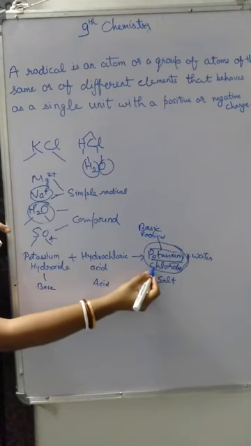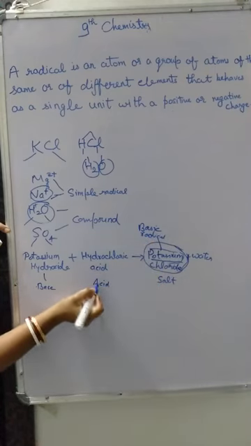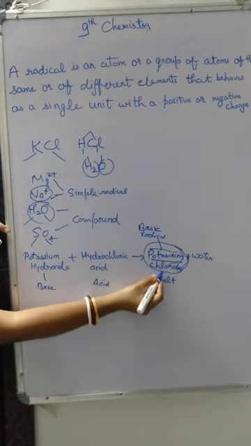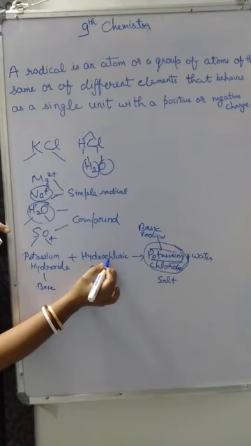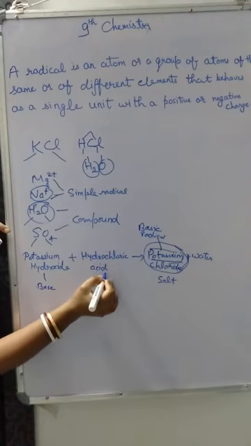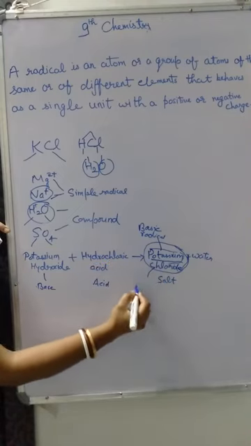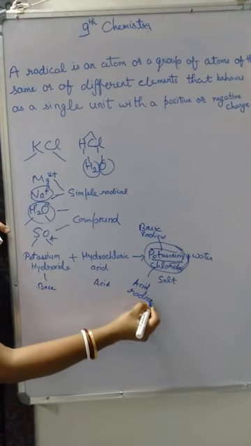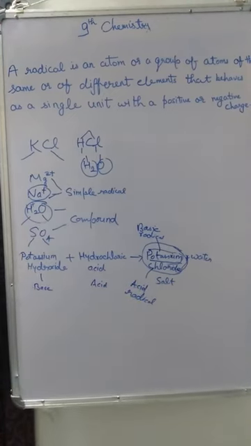And this chloride is taken from where? From this acid, hydrochloric acid. This chloride is taken from this hydrochloric acid. It means it is taken from this acid, so that is why it is called acid radical. Understood? Listen again.